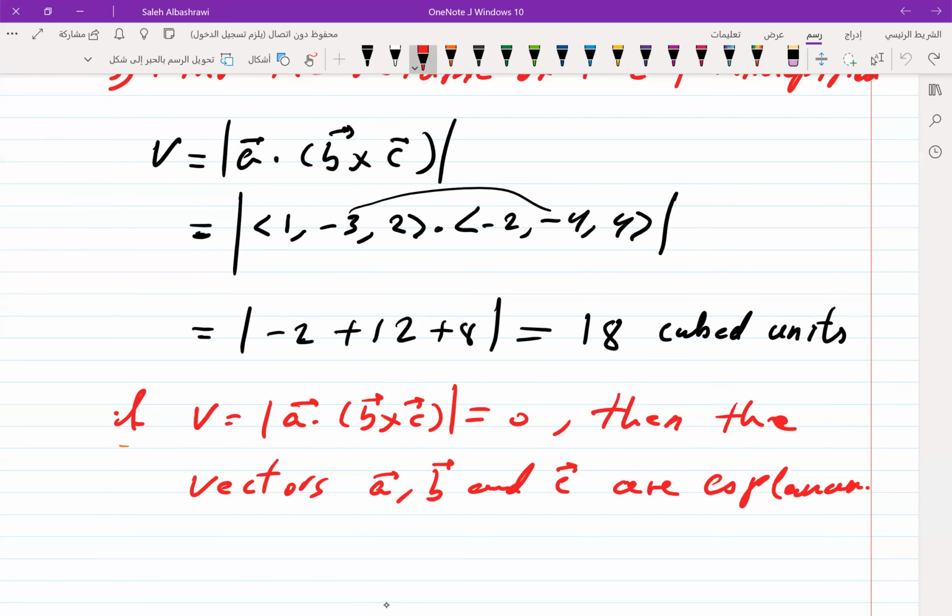It means they are in the same plane, or you can say they are at the same level.